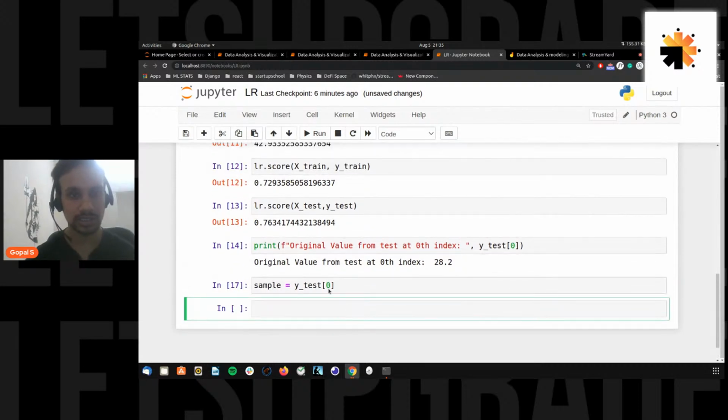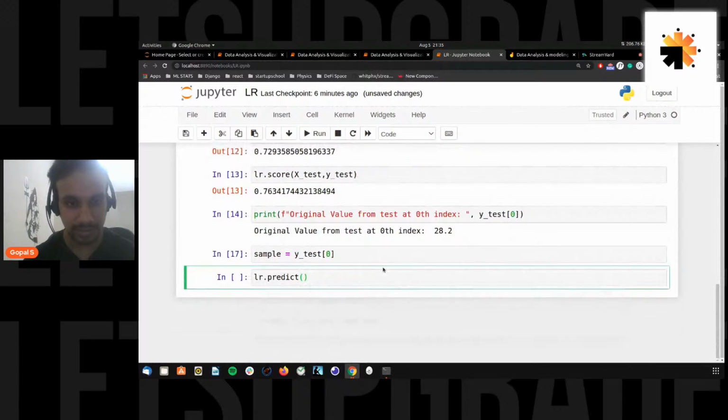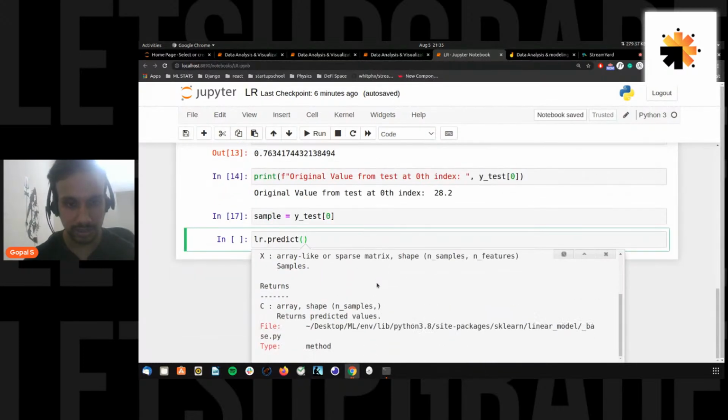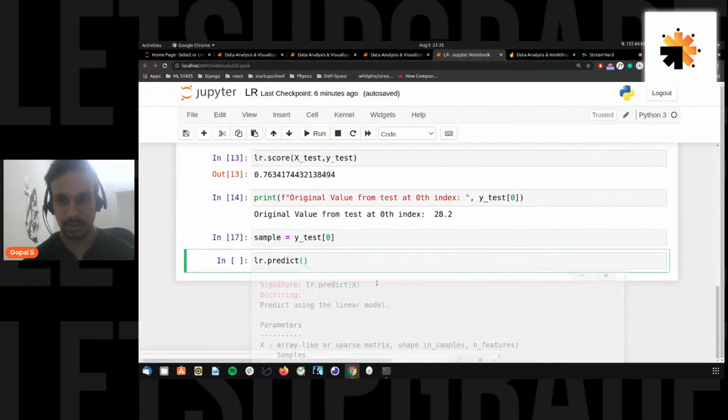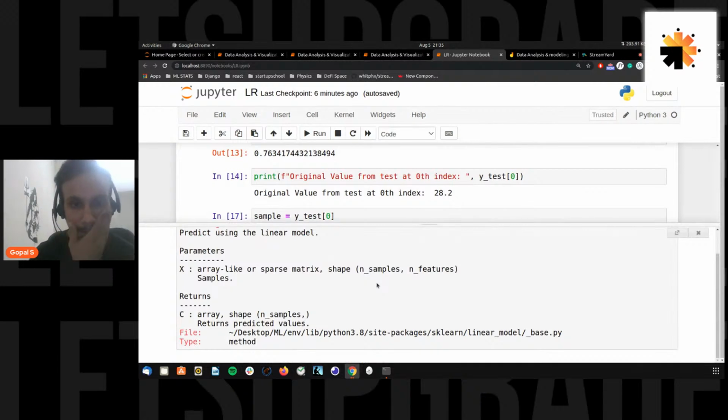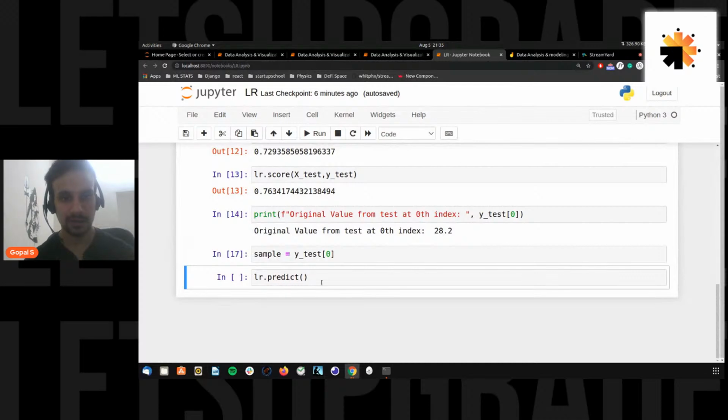Let's see that on the test set. Why is it not working? It should work. Predict, let's see that in the documentation. It doesn't give any answer.